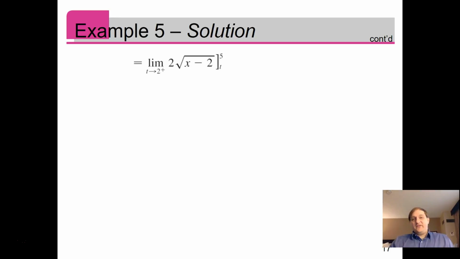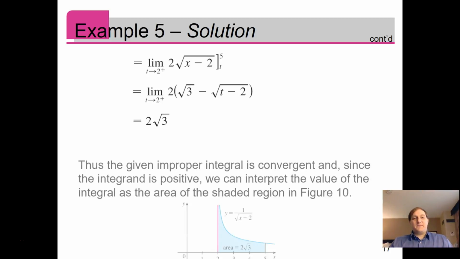So we're going to add 1 and do that. They skipped a couple of steps, but now they're ready to plug in. So we have 2 times root 3 minus root of t minus 2. As t goes to 2, that second part is just 0. So the answer we get is 2 times the square root of 3.